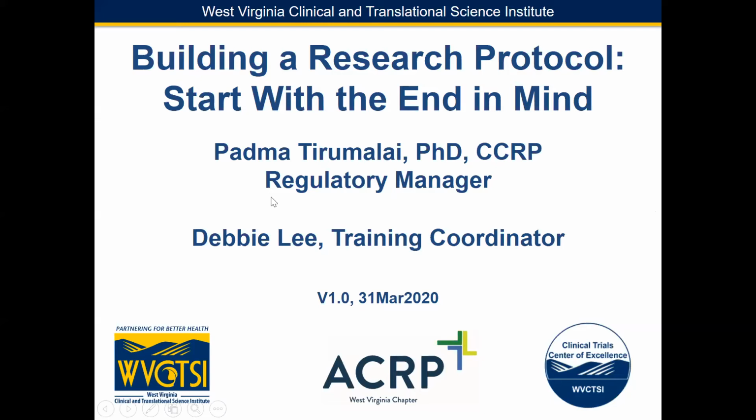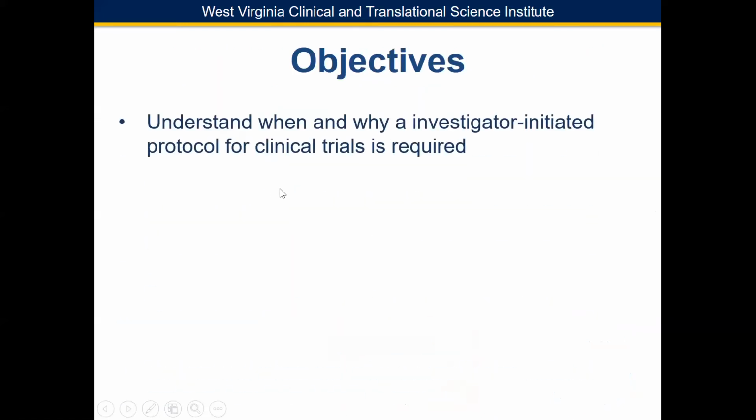So our objectives for today, first thing we want to do is understand when and why an investigator-initiated protocol for clinical trials is required. So we're really going to focus around that because obviously if you're doing an industry or sponsor study, the protocol would be provided to you. So today's presentation is really around an investigator-initiated protocol.